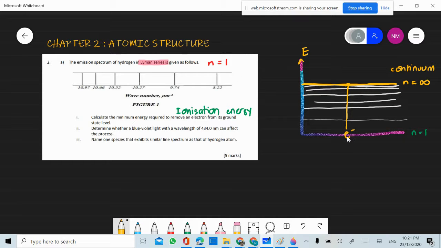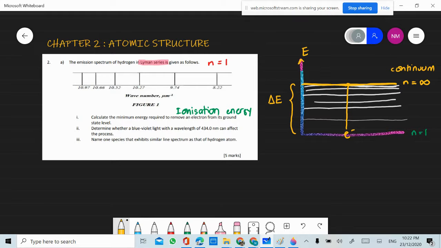If the electron is removed, the distance between n1 and n infinity will of course give you the largest difference in energy, and that is what we can identify from the given spectrum.